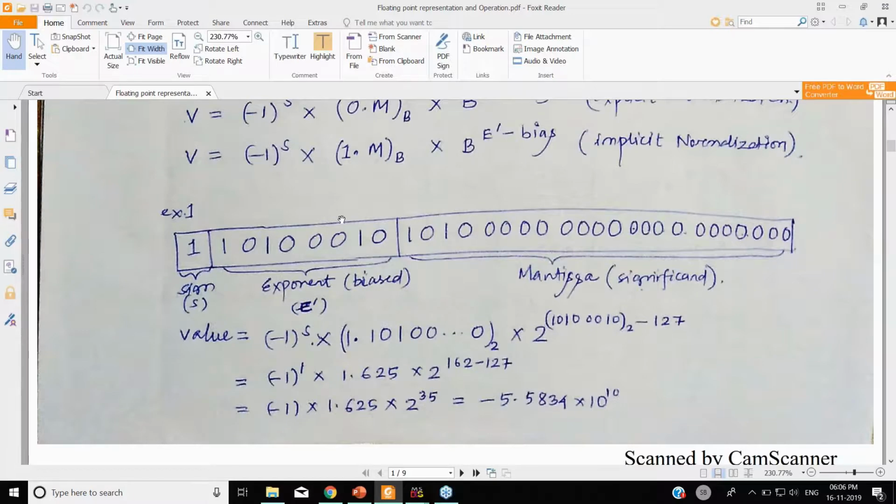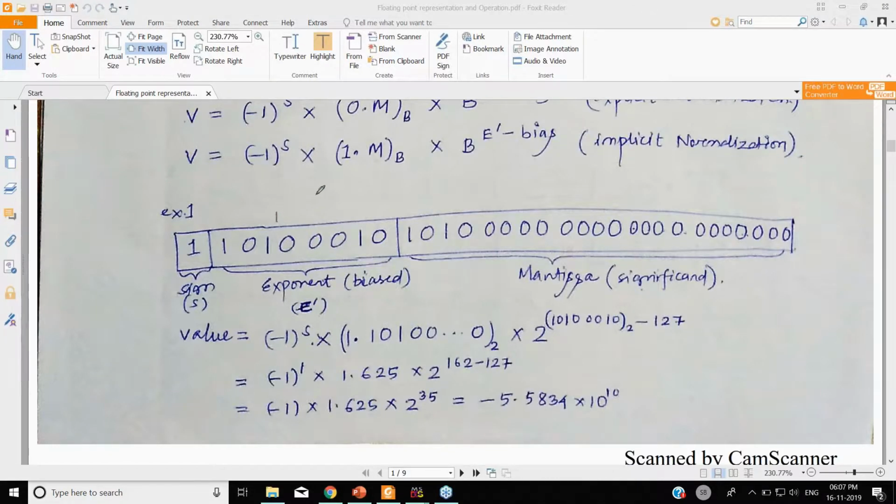When you have a stored exponent, always remember these values are added with the bias. So what is the value here? 1 0 1 0 0 0 1 1. What is the value? The value is 162.